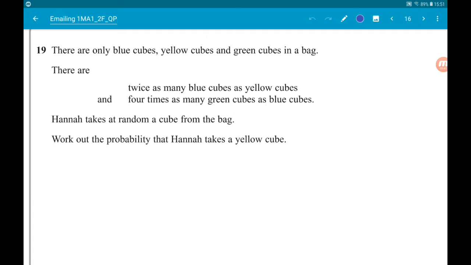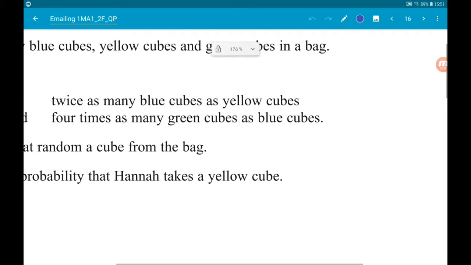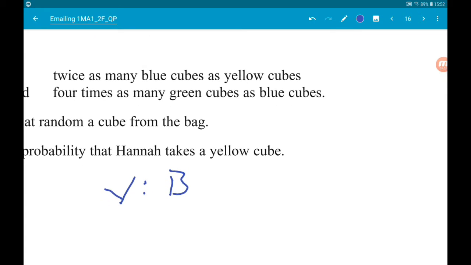So I'm going to do this thinking about ratios. So if there are twice as many blue as yellow, that means for every 1 yellow there are 2 blue. So we can say yellow to blue is 1 to 2.